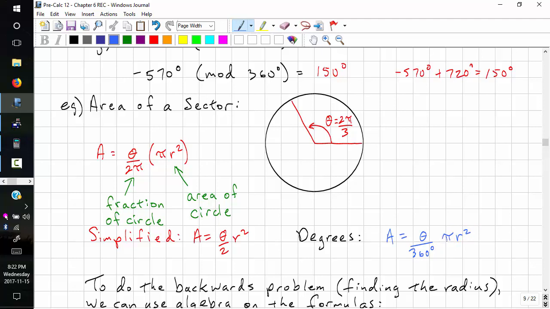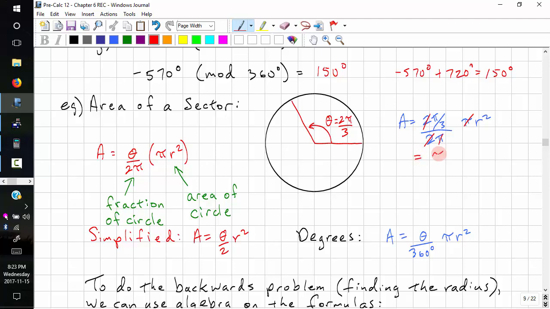Okay, so let's go ahead and calculate the area of this sector. So we have area equals 2 pi over 3 over 2 pi r squared. Cancel, cancel, cancel, cancel.